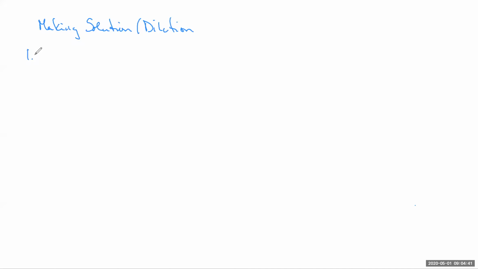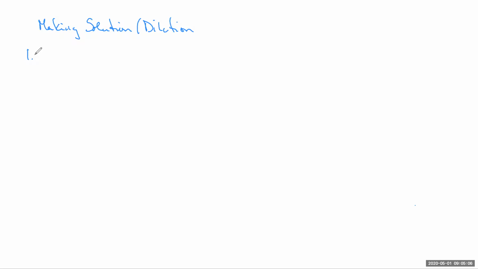We already know a few different concentration units for solutions. So you could have percent concentrations, mass to mass, percent concentrations, mass to volume, volume to volume, and you can have molarity. There's others, but those are the ones that we're going to stick with for now.